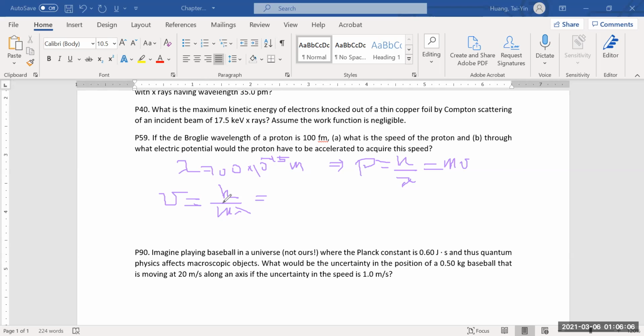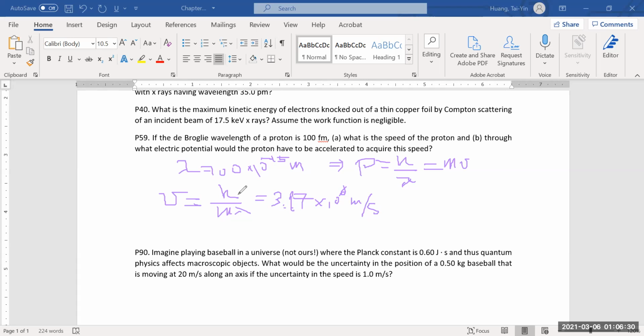When you plug in these numbers, you'll get the velocity, which is 3.97 times 10 to the 6 meters per second. Sometimes your numbers may not be exactly the same as mine, and it has to do with the rounding and also what values you use.